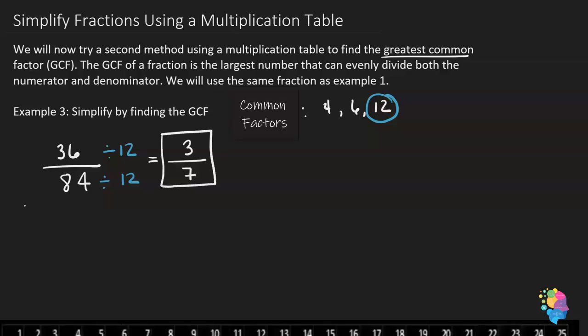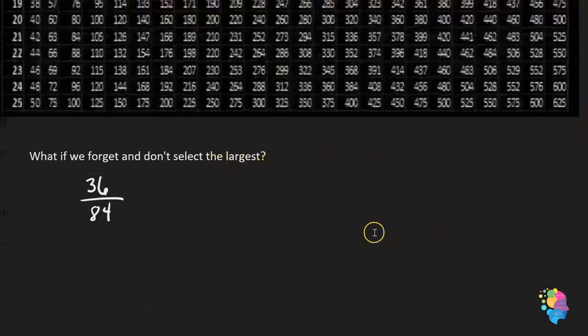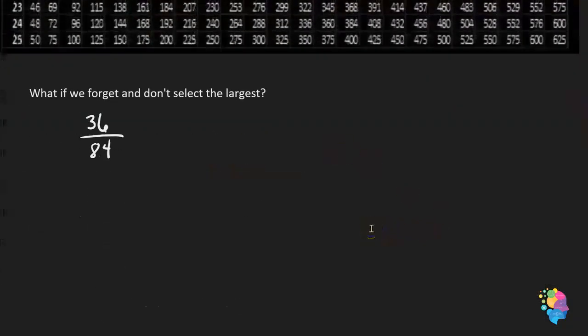What will happen if you forget and you don't select the largest factor? Remember, the factors were 4, 6, and 12, and you forget and you don't select the 12. Let's say that you had divided by 6 instead, because 6 is your favorite number. So if we divide by 6, I get 36 divided by 6 is 6, and then 84 divided by 6 is 14.